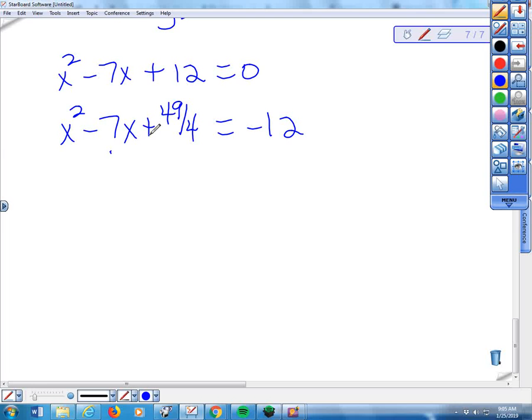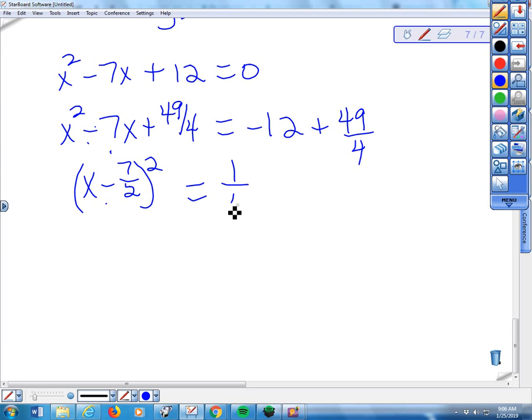So I add that to the other side. I then factor this using whatever I squared. The sign here must match the sign here. And over here, I have negative 48 plus 49 is 1. So I have 1/4 on the right.